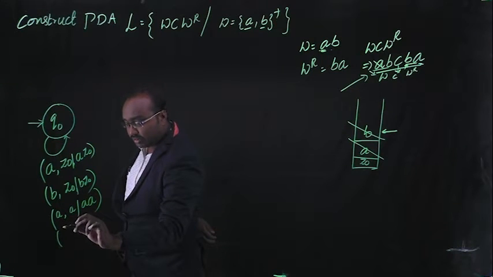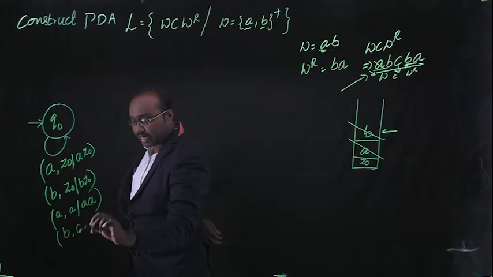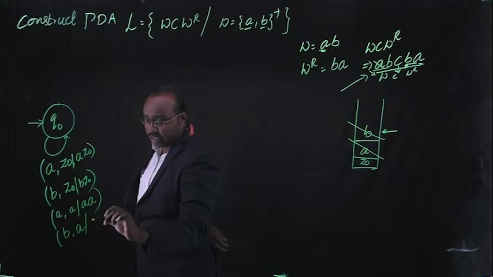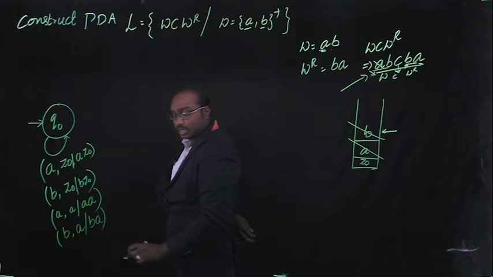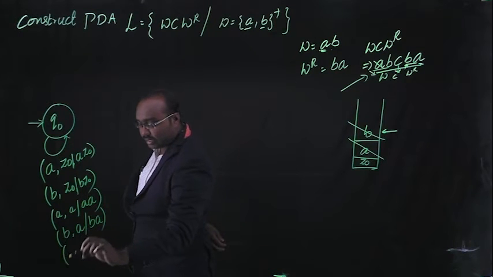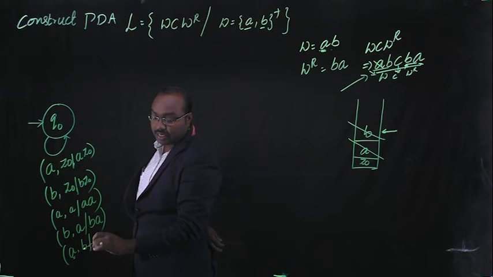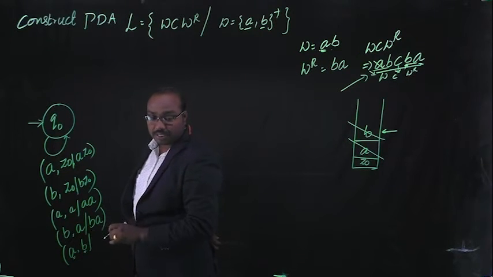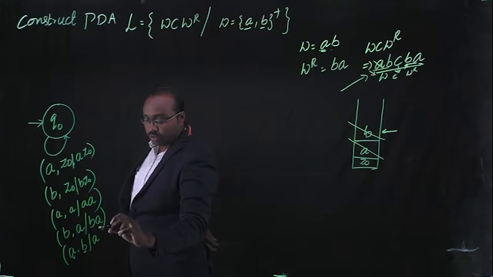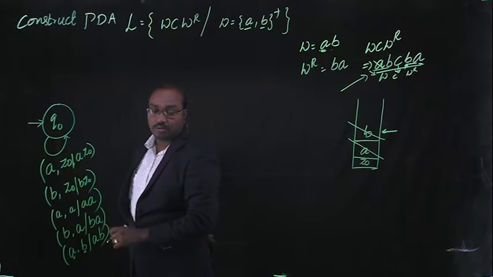If the input symbol is B and the stack's top is A, that also should be pushed onto the stack. If the input symbol is A and the stack's top is B, then we also push that element onto the stack.